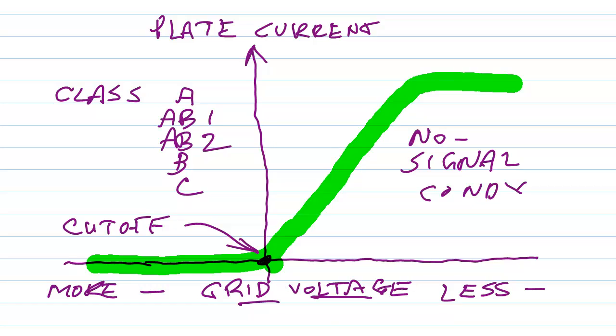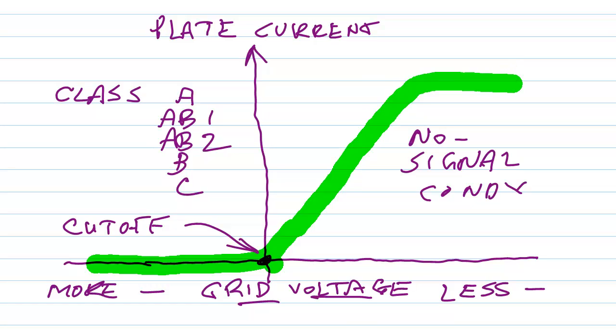If we continue to reduce the negative grid bias and eventually actually make it positive at some point, the plate current will increase until it begins to level off, and then any further increase in the positive grid voltage or reduction in the negative grid bias will not cause any further increase in plate current.